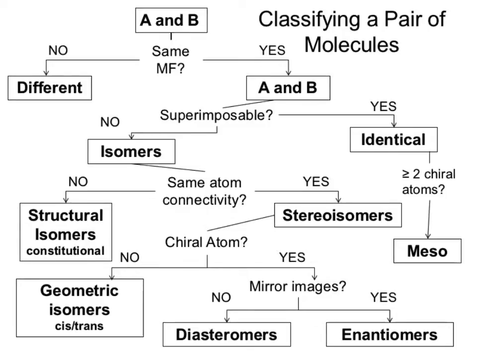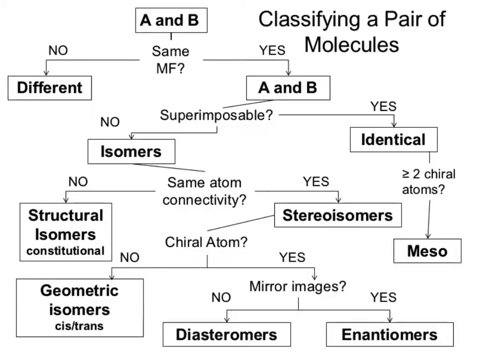There's our flow chart now with everything on it. We still start with our same molecular formula, still look at superimposability, we'll still look at atom connectivity, but once we've established stereoisomers, we then need to look for chiral atoms. If we have a chiral atom, we move in to look at mirror images. If we don't have a chiral atom, that's where we hit our cis-trans systems.